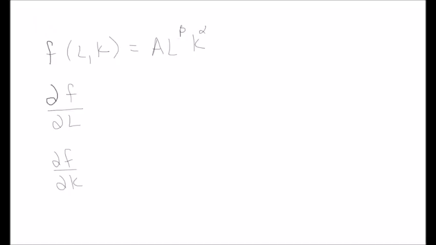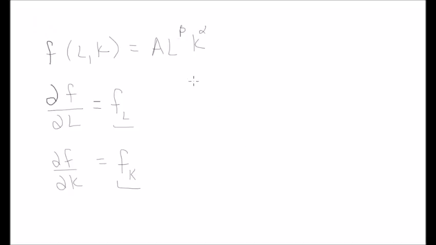Instead of using primes, we end up using subscripts. If we wanted to find the partial derivative with respect to L, we would write f sub L. If we wanted to find the derivative with respect to the capital supply, we would write f sub K. So when your professors are writing these subscripts, they are actually talking about taking first derivatives.